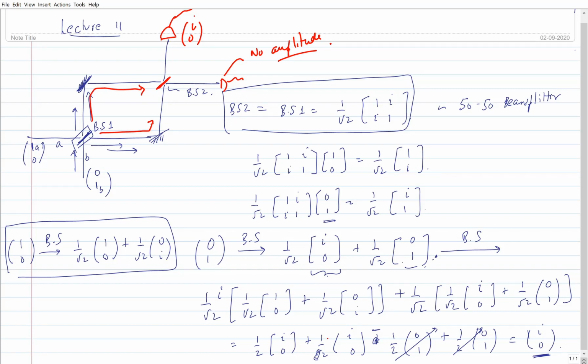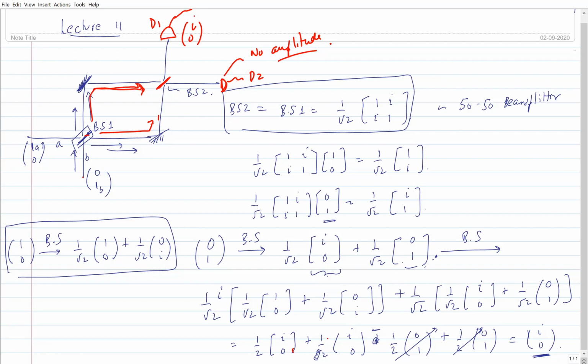So one way to see this was from sum over paths. We are trying to sum over all possible paths from A to B, and the paths leading to detector D2 in this case destructively interfere, and the paths leading to detector 1 constructively interfere.